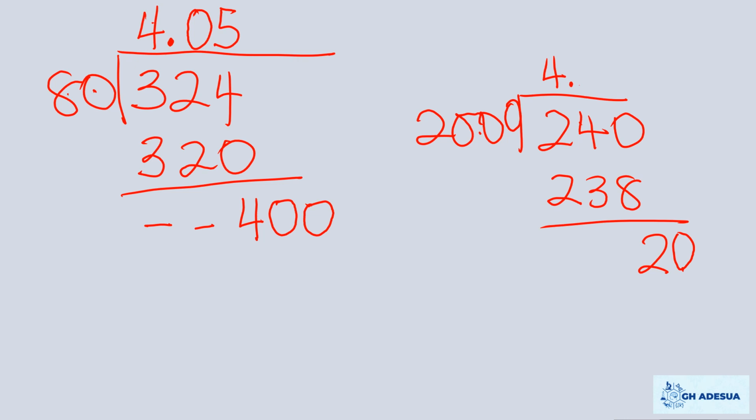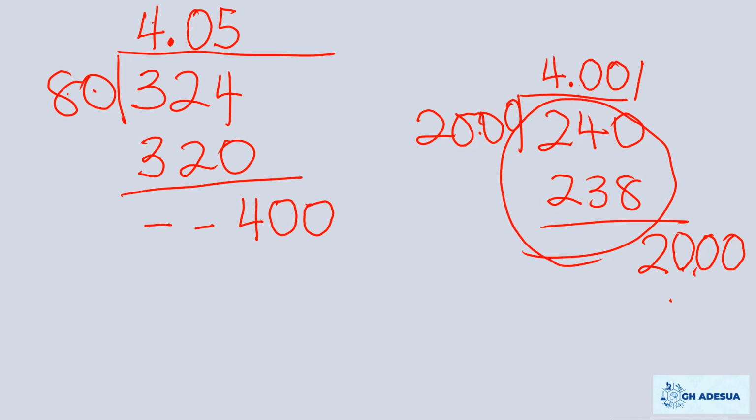Now 2000 can go into 20. So you need to add 2 zeros. Isn't that so? So the same way you have to add those 2 zeros here before you can do 2000 into 2001. Is that okay? Ignore what is here.